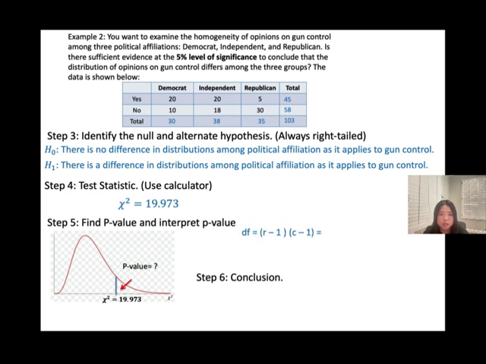So find the degree of freedom first. Okay, you should get degree of freedom equal to 2. And then chi-square CDF, lower value, upper value, and then the degree of freedom. You should get a really small p-value, 4.6 times 10 to the power of negative 5.